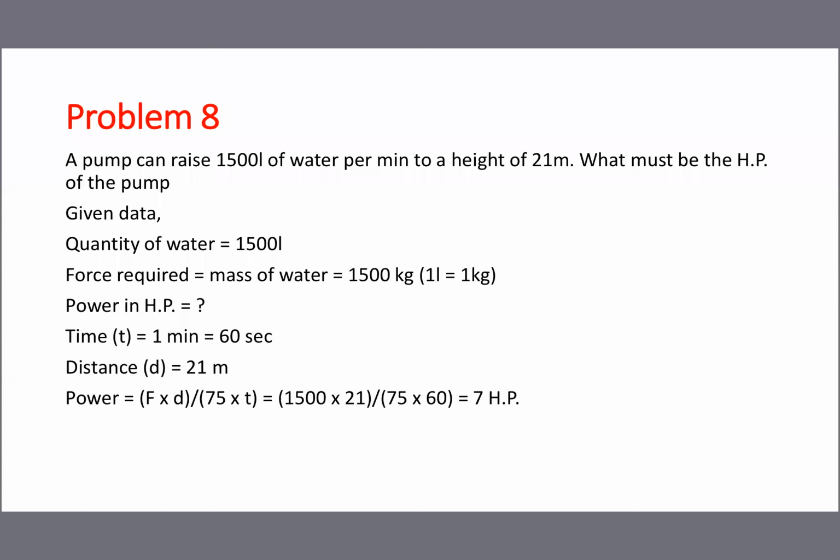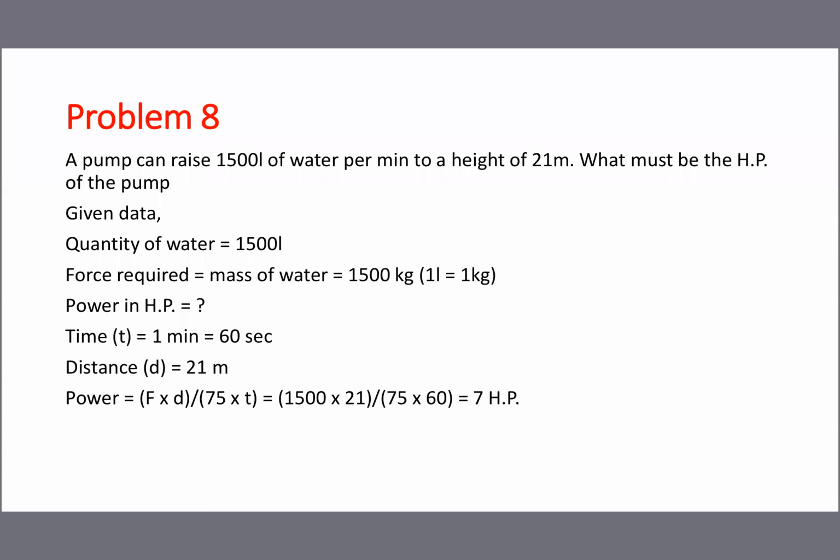A pump can raise 1500 liters of water per minute to a height of 21 meters. What must be the HP of the pump? So in the house we are using a motor pump. How much power is required? Don't depend upon the plumber; you can easily calculate it. The formula is the same.